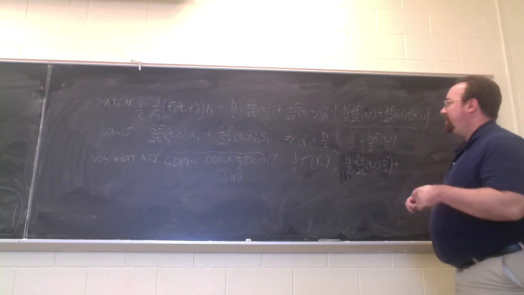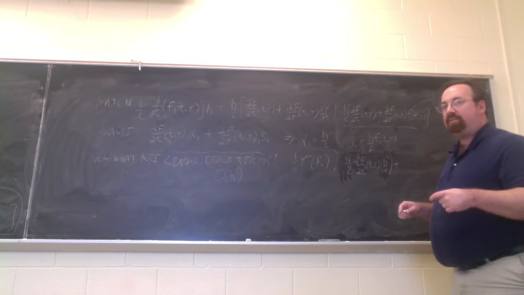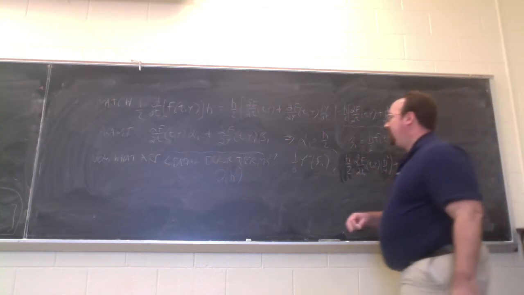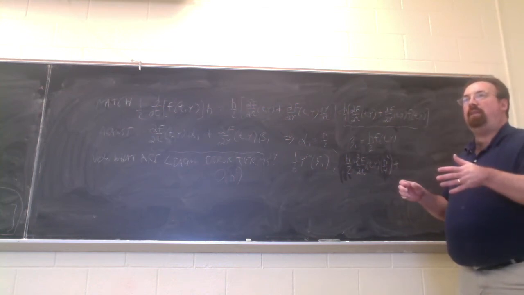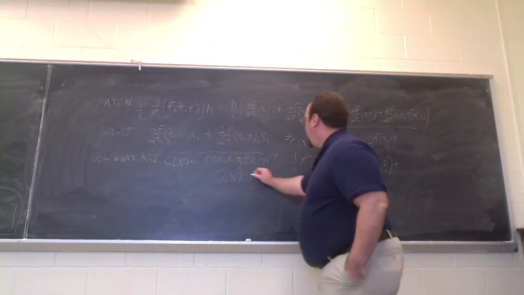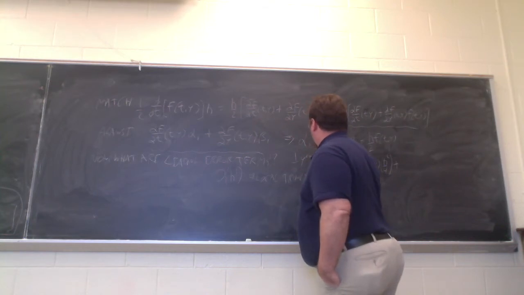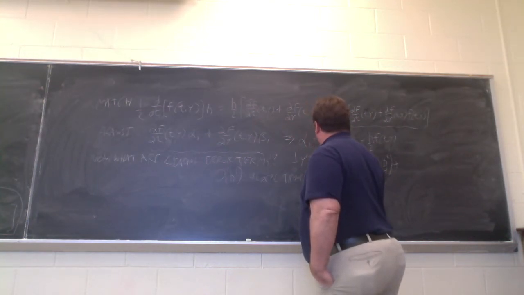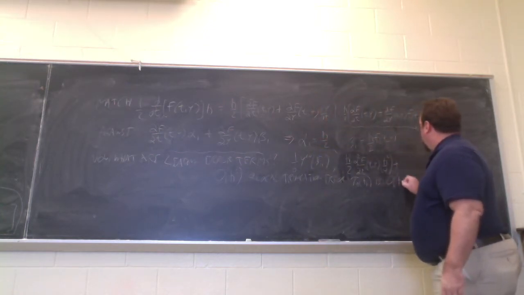The leading error term has order h cubed, which means the method is going to be second order accurate, because keep in mind when we define local truncation error, we take the numerical method and we divide by h in the definition I gave last time. So what that means is the local truncation error, which I abbreviated last time, tau n of h, is order h squared.